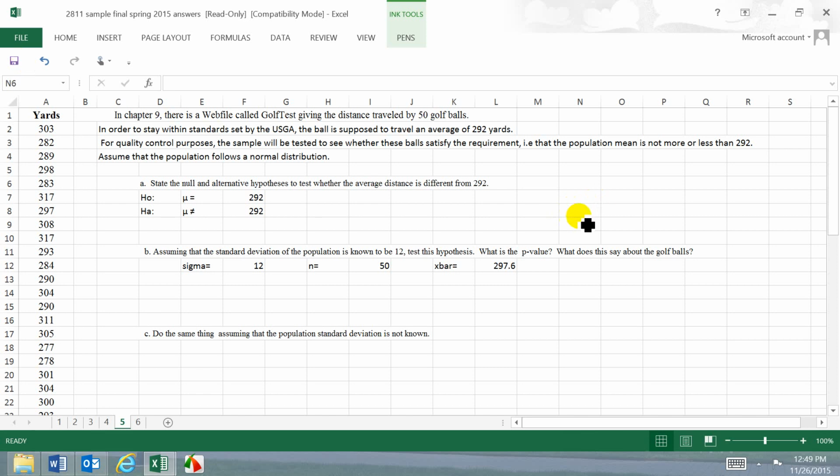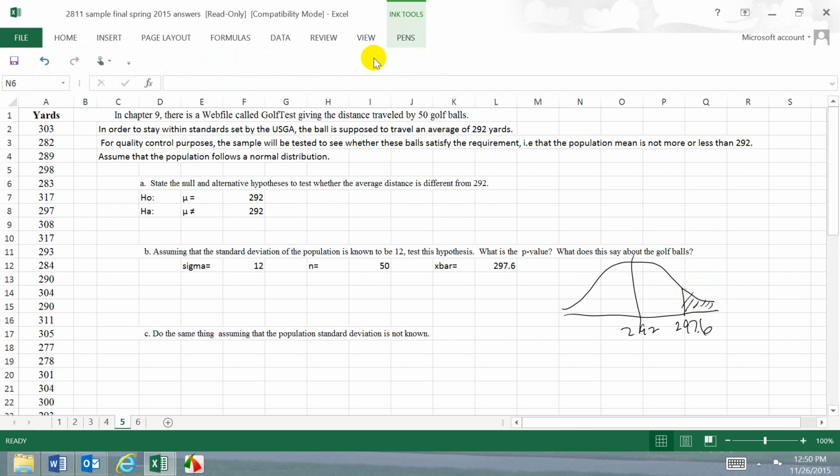The p-value. We got 297.6. With a two-tailed test, and using the z or using the norm dist, you look at the smaller tail and then double it. A two-tailed test, you look at the smaller tail and then double it.